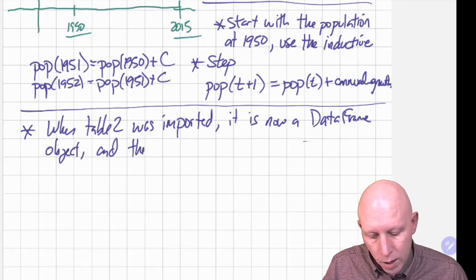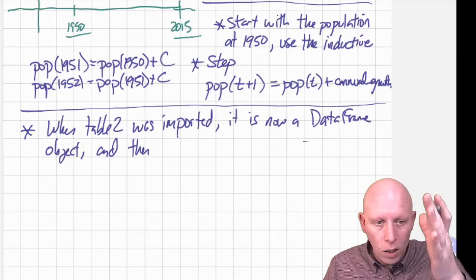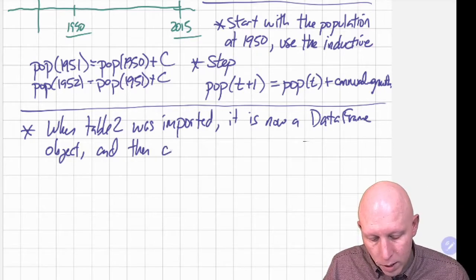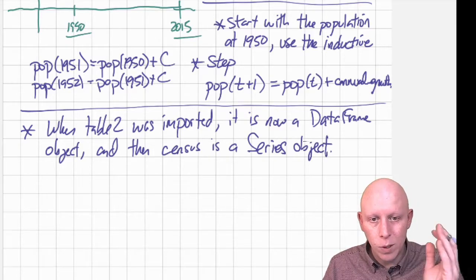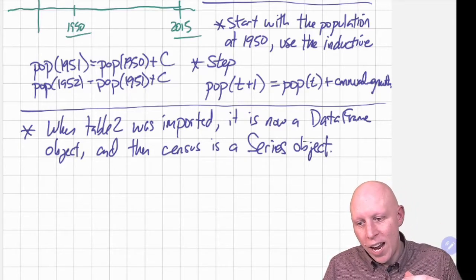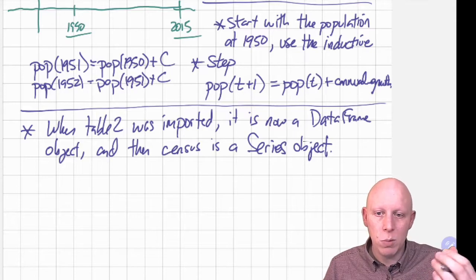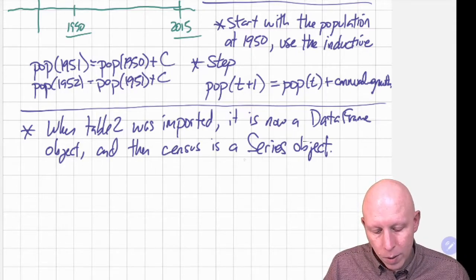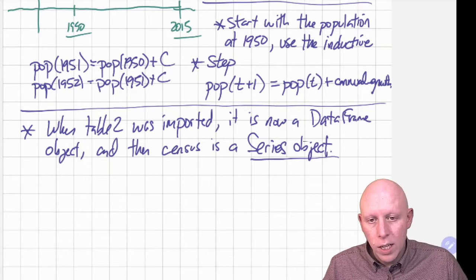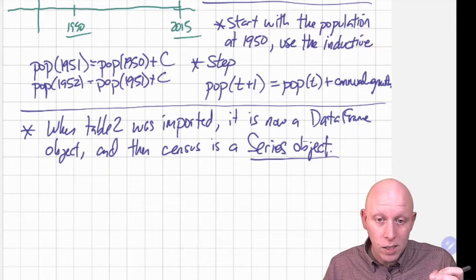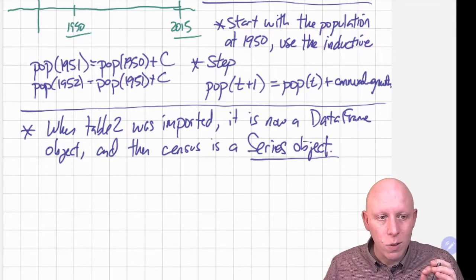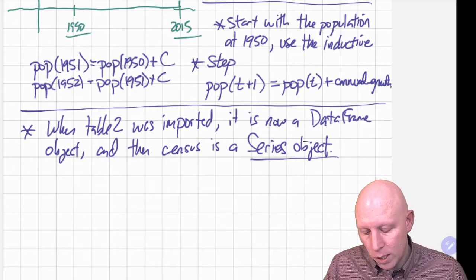And then when we extracted the column from the table, census is a series object. So it's similar to the idea of what a time series or a sweep series has been built upon. It's slightly different in that we're going to use the precise terminology of accessing information from the series object.